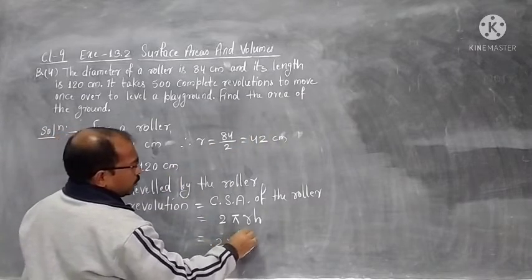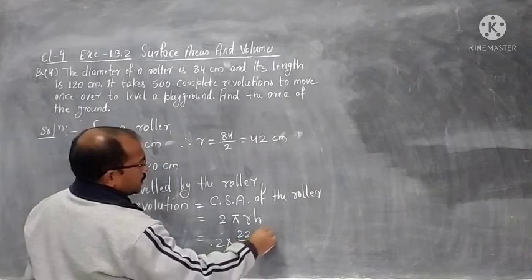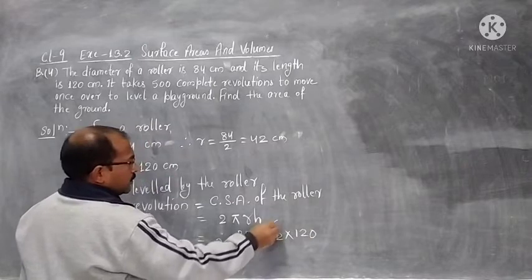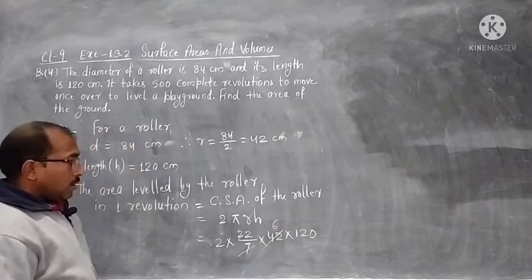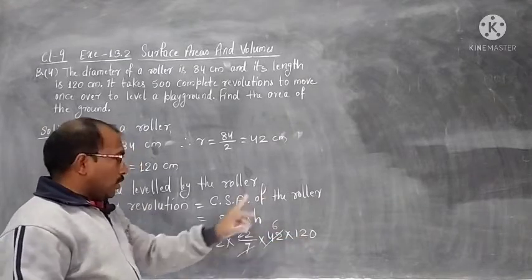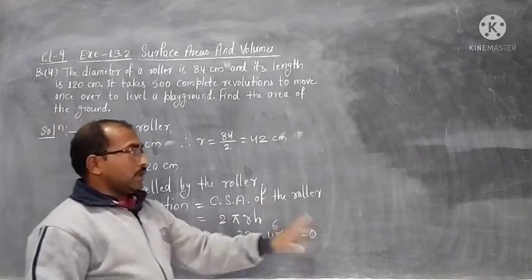2 pi is 22 by 7, radius is 42 and height is 120. 7 1s are 7, 7 6s are 42. What we get: 6 2s are 12, 12 into 12 is 144, 144 into 22, and then 10.